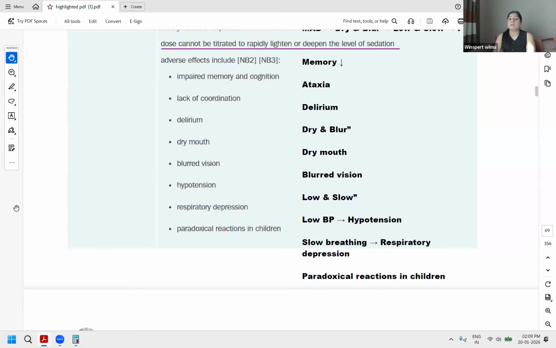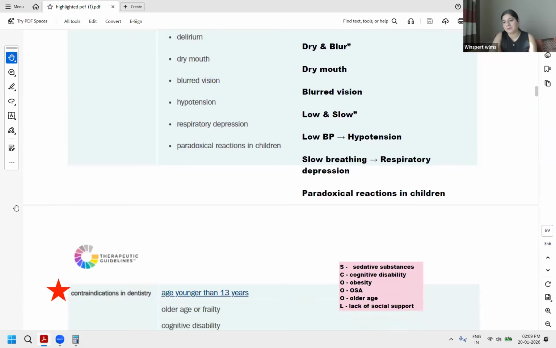Then in BDZs, you get memory decline, ataxia, delirium, dryness of mouth, blurry vision, then low blood pressure, slow breathing, and paradoxical reactions in children. These are quite a wide variety of adverse effects that you would find in BDZs. And the prolonged action, prolonged effect after the procedure makes it risky and a prolonged supervision is required.